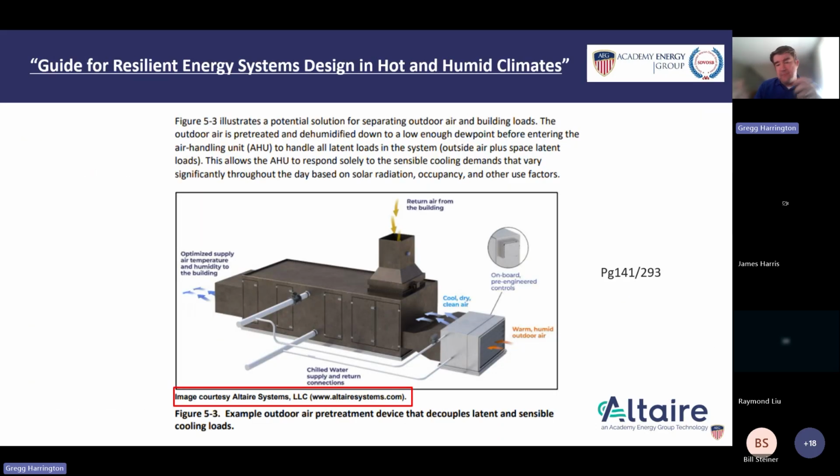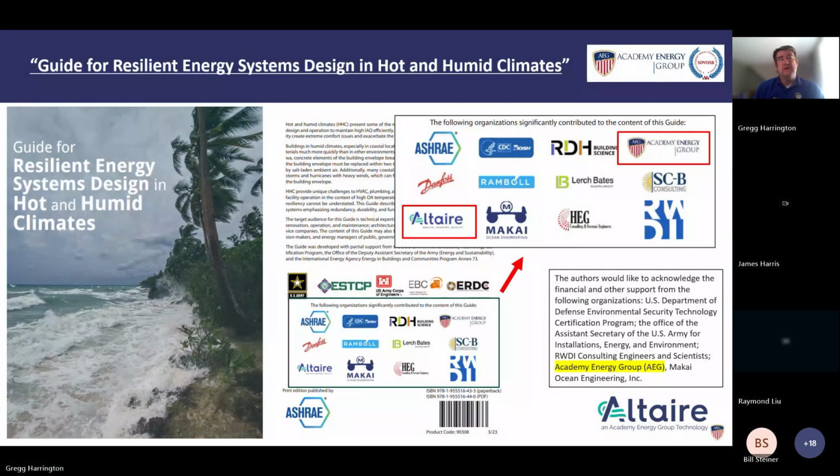And so we're actually published within this document as a viable way to manage humidity control in hot and humid environments. And one of the things that are always important when you look at these design guides is seeing who's contributing.